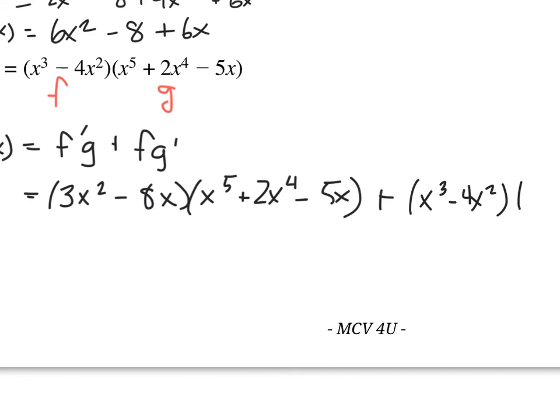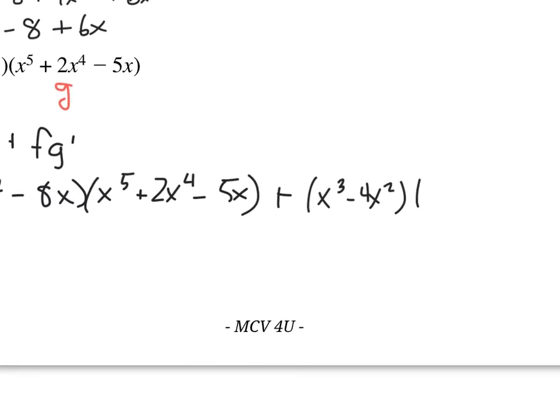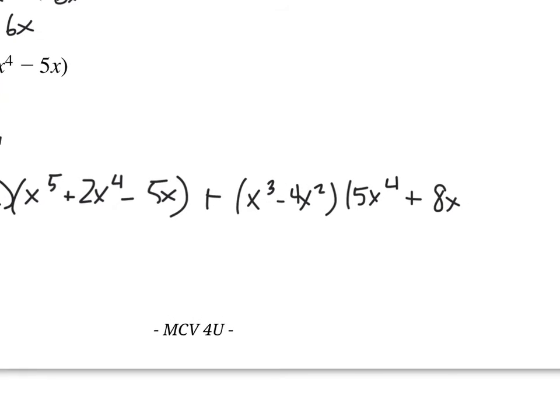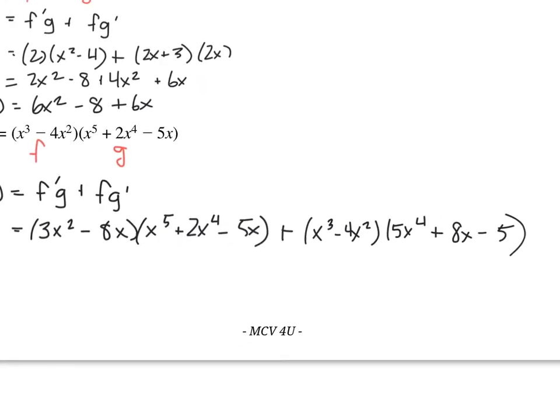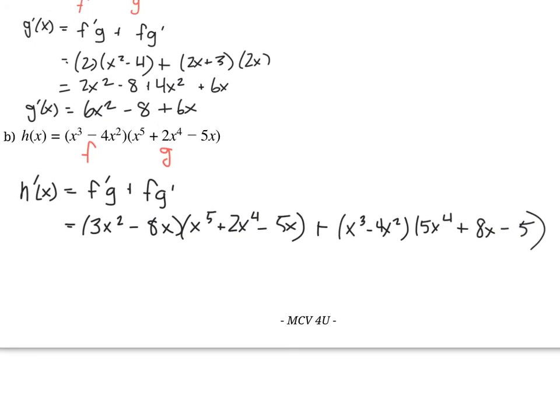And g, we see, is just x to the 5, so that's going to become 5x to the 4, plus, that 4 is going to come down, 8x, and then minus 5 at the end. I'm going to go all the way over here, minus 5. Whew. Okay, so there's the derivative of h of x.